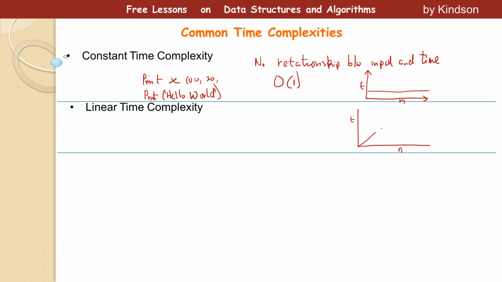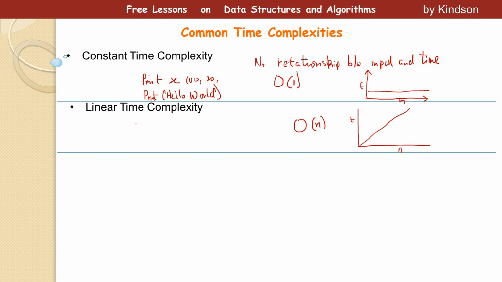As input is increasing, time is increasing in a linear manner. So in this case, we have order of n because the time is a function of the input. It increases linearly, right? And that is a straight line.